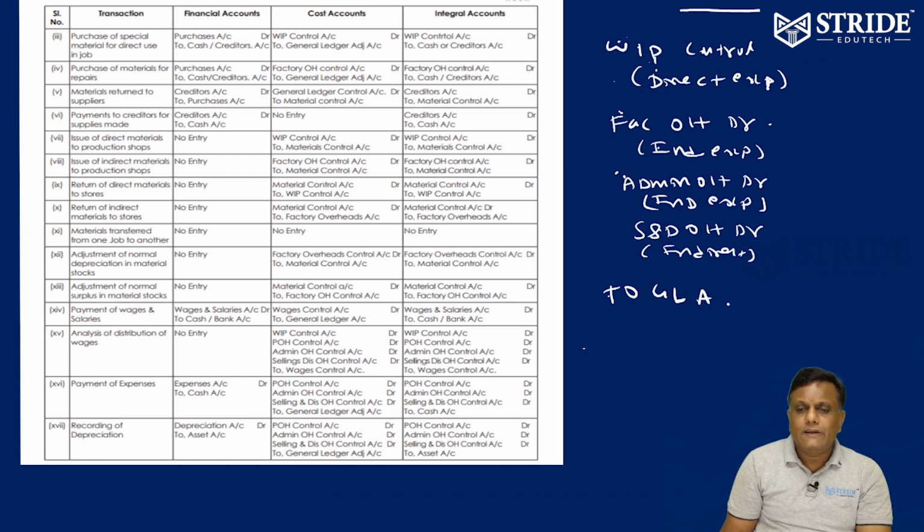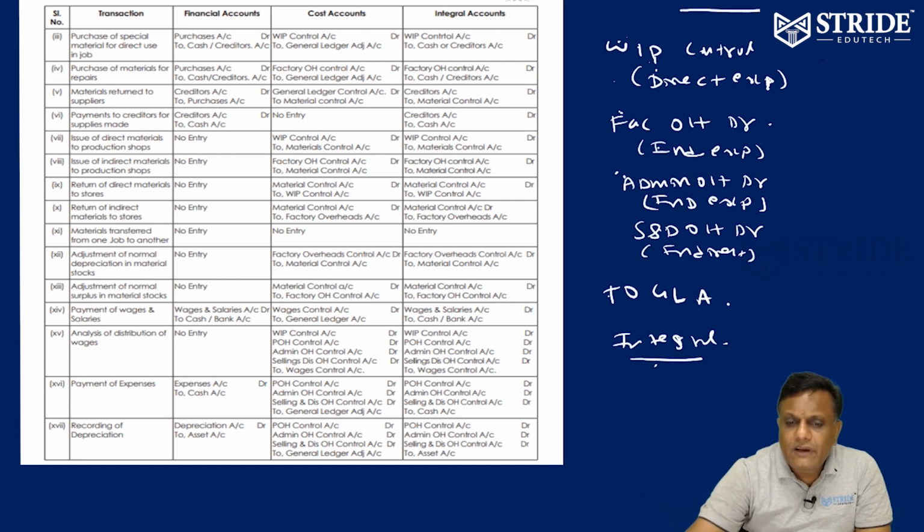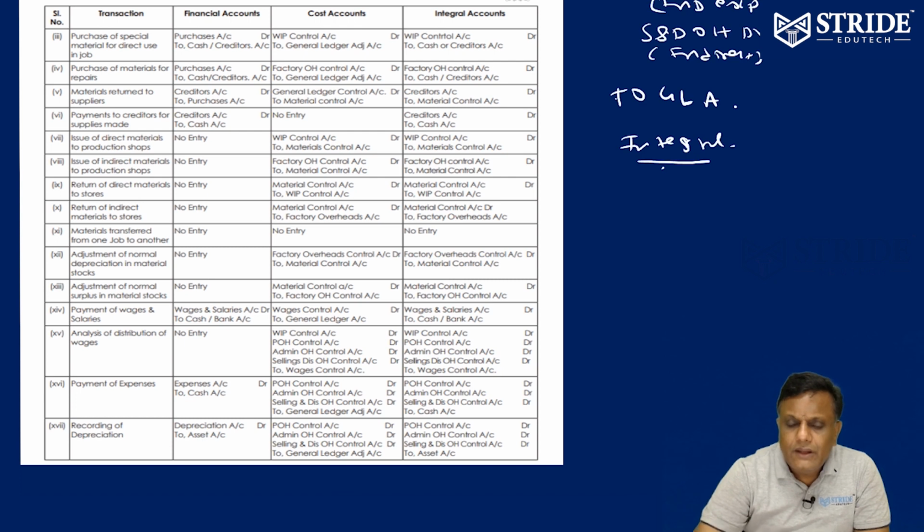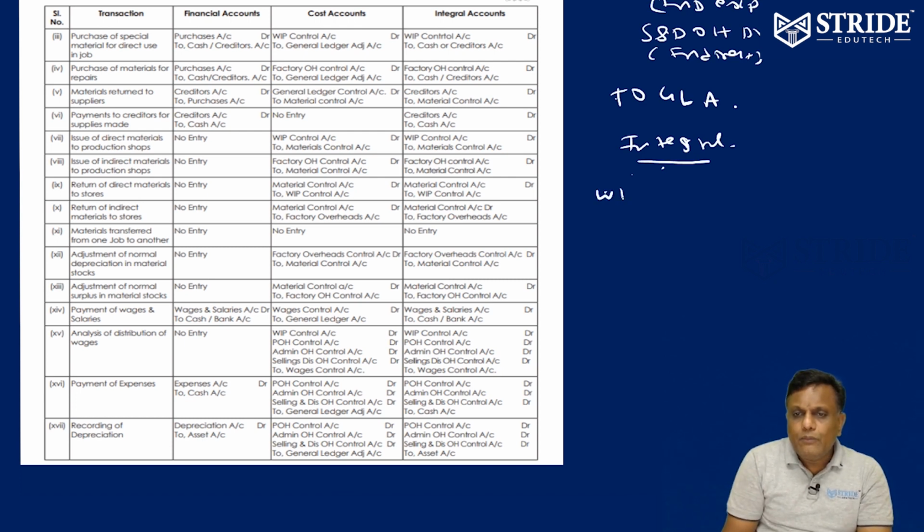Okay, to GLA, right. In integral books, so debit we have to take from cost, credit we have to take from financial. Debit WIP control account. This is for direct expenses. I told you already, this is for direct expenses.